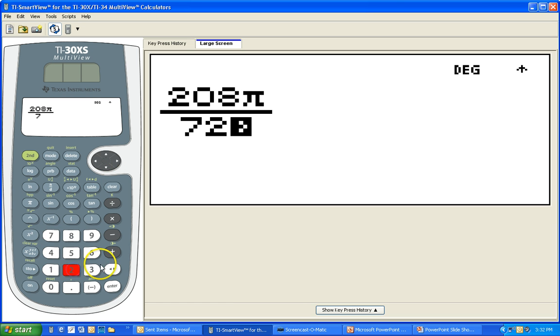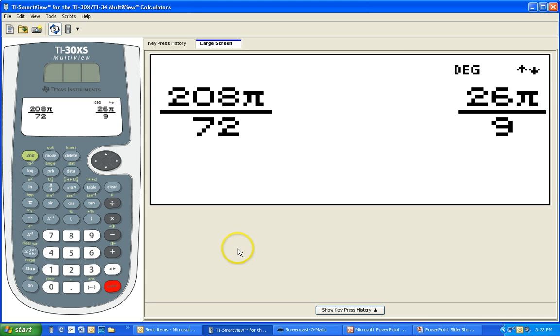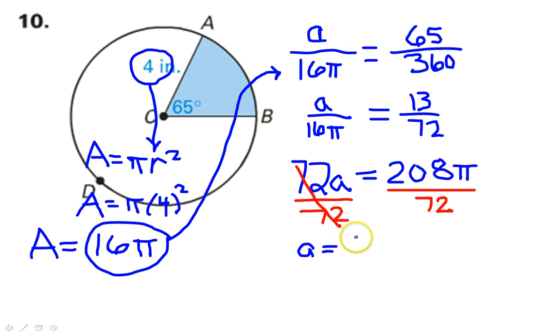So sometimes your teachers will ask you for an exact answer, so be prepared to give an answer like this at first: 26 pi over 9.